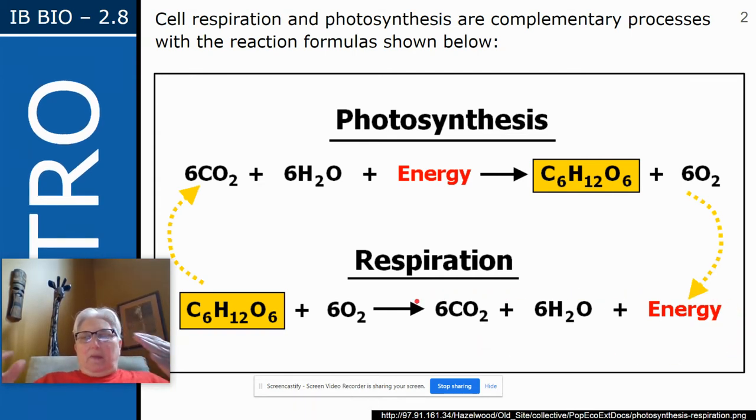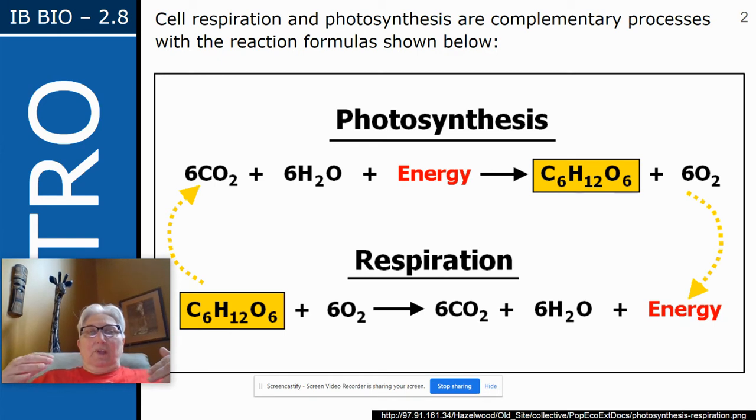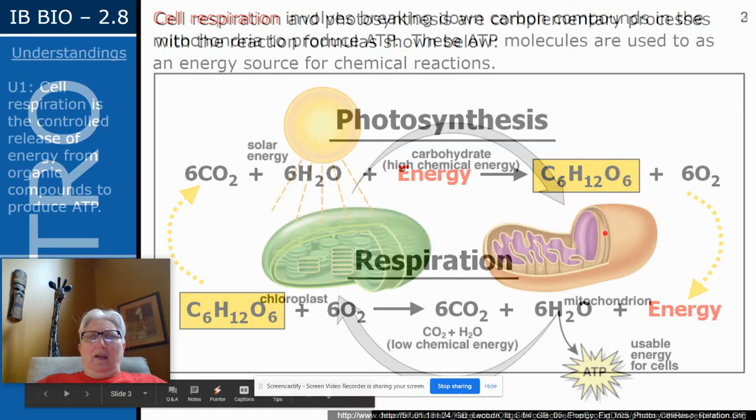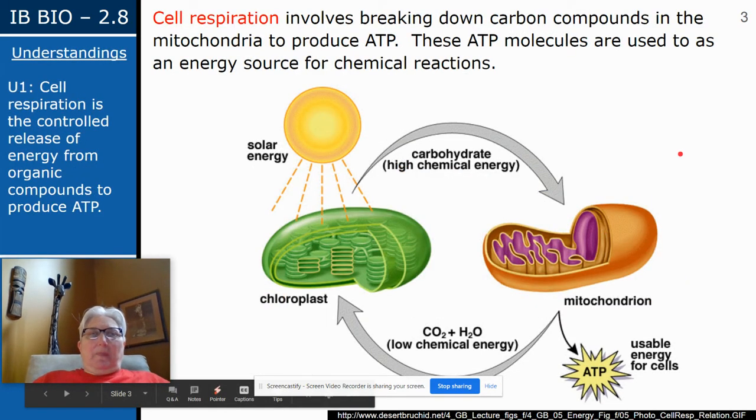So they become kind of opposites of each other. That's what we're going to look at today. And I'll also have some notes for you that give you the distinctions. They compare and contrast photosynthesis and cell respiration so that you have that for your portfolio.